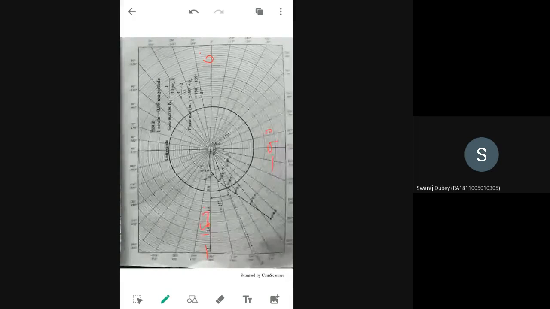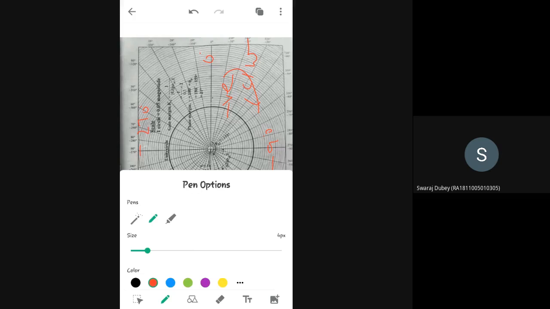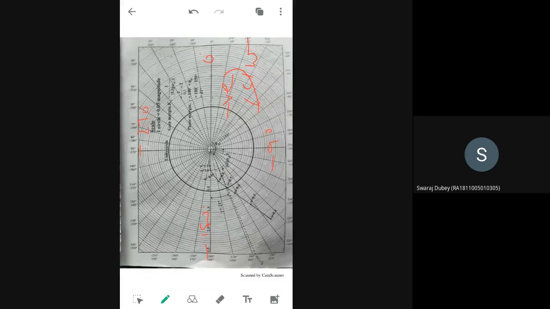But what about positive angles? Anti-clockwise. This is 10, 20, so this will be my plus 90, plus 180, plus 270. Remember this: negative phase angle means clockwise, positive means you have to take it anti-clockwise.